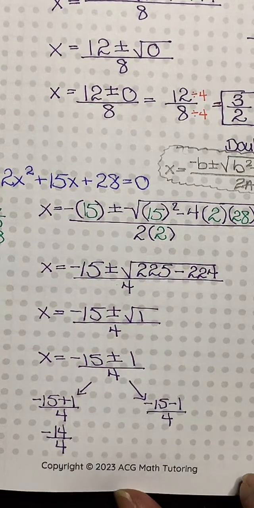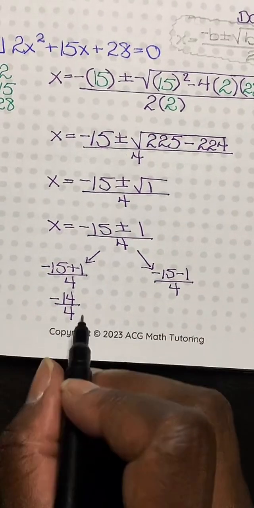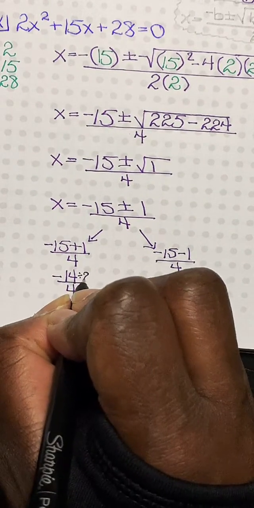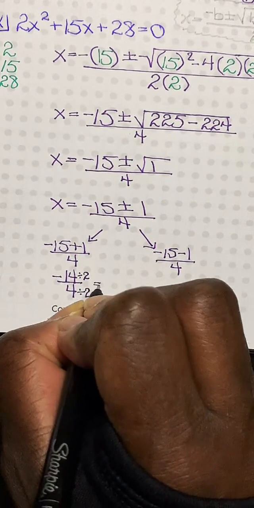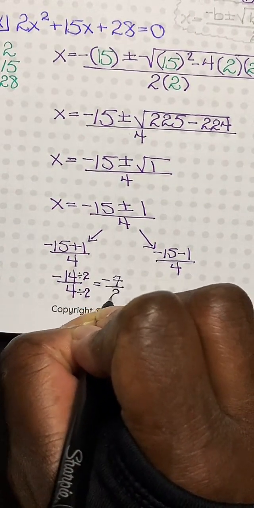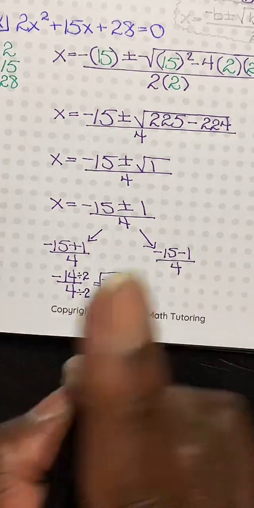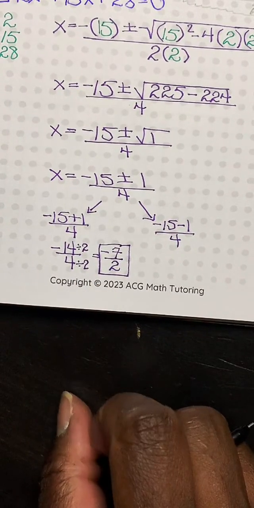Yep. So this can be reduced by 2. If I divide that by 2 and divide this by 2, I'm going to get a negative 7/2. It's okay to have improper fractions. But if you're doing any kind of testing, take a look at your answer choices.